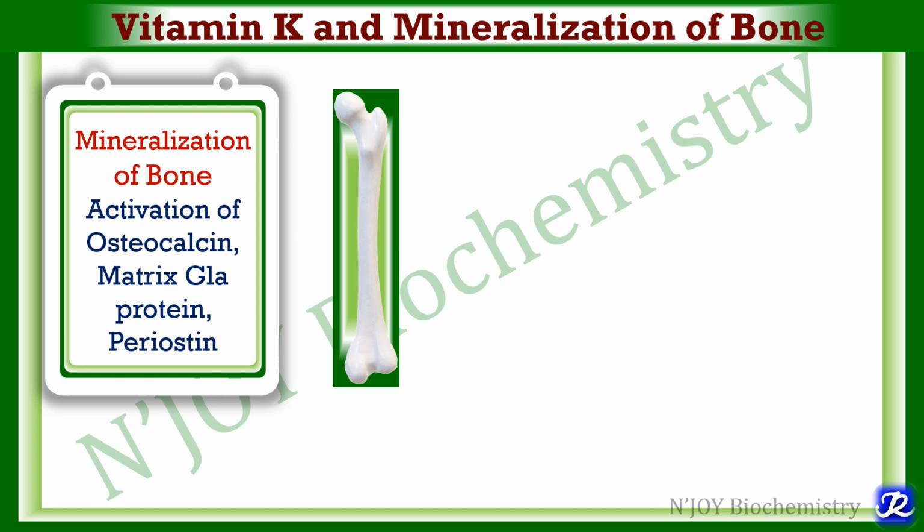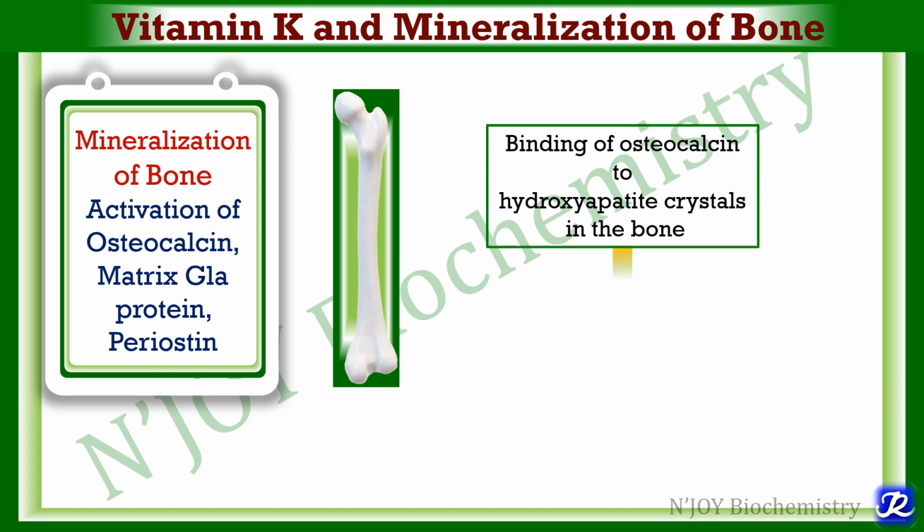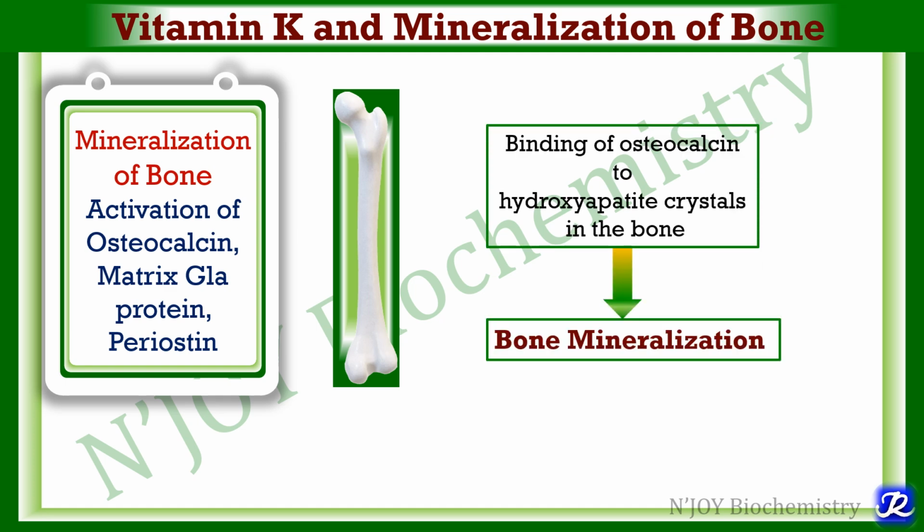So this process of gamma carboxylation is required for the activation of these bone proteins, and these proteins are involved in the binding of osteocalcin to hydroxyapatite crystals of bone, and this process is required for bone mineralization. Osteocalcin also contains hydroxyproline, the formation of which requires vitamin C. So vitamin C is also required here, and that's why osteocalcin is dependent on both vitamin K as well as vitamin C.